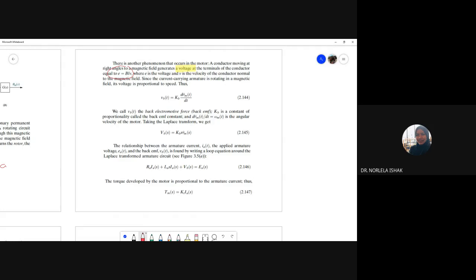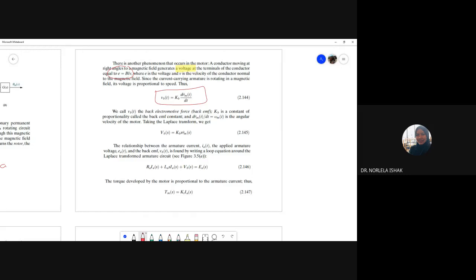Since the current-carrying armature is rotating in a magnetic field, its voltage is proportional to the speed. So this is the second equation we can derive from the DC motor.